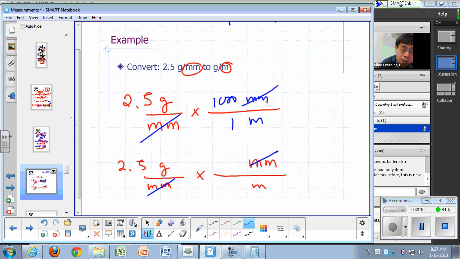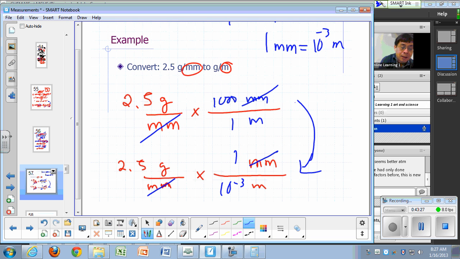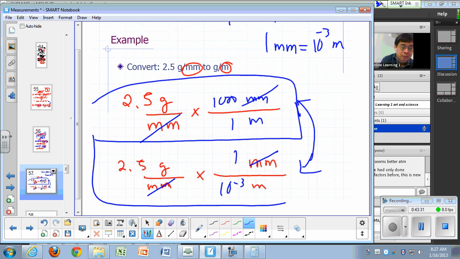So 1 millimeter is 10 to the negative third meters. Either way, these two will give you the same answer. Okay? You get the same answer either way.